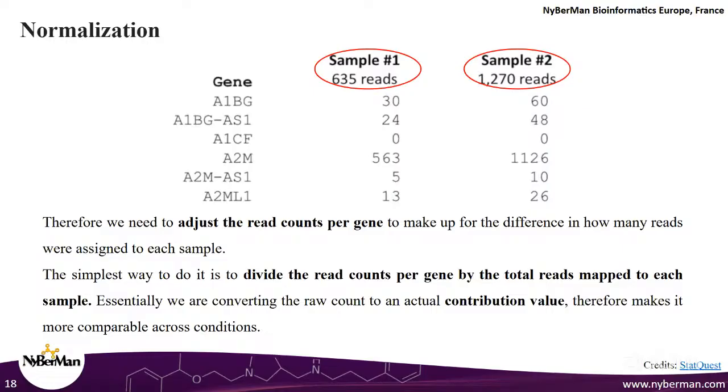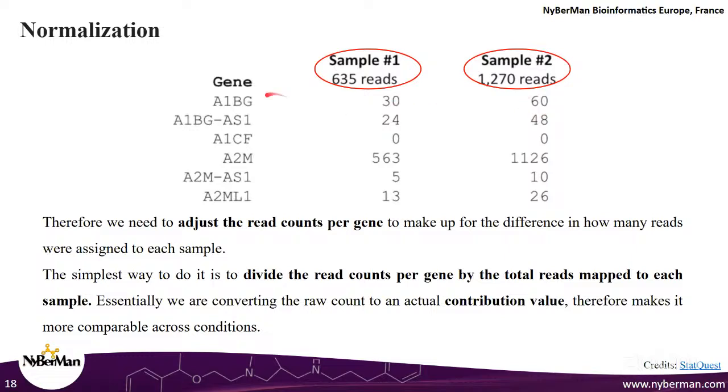So what does this tell you? This tells you that out of the 635 total reads associated with sample 1, the contribution value of A1BG is 0.047, right? Similarly, out of the total reads of 1270, the contribution of A1BG is again 0.047.